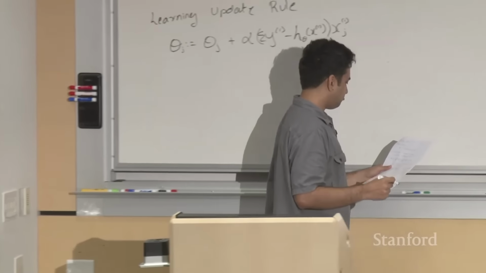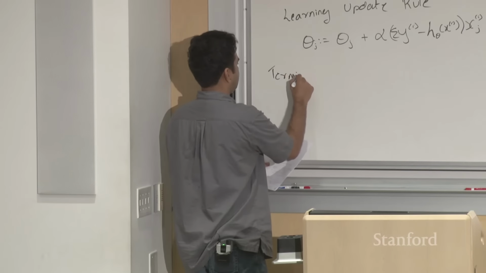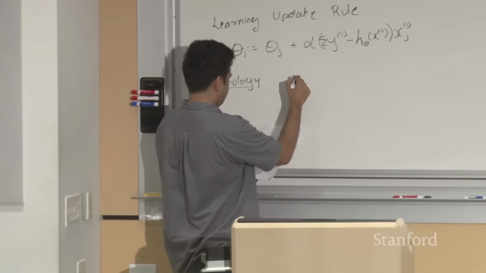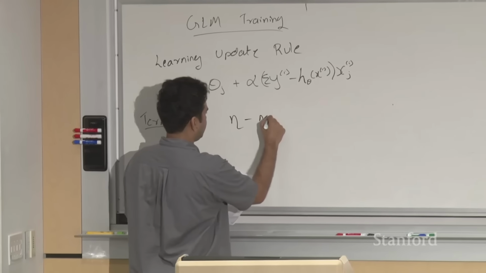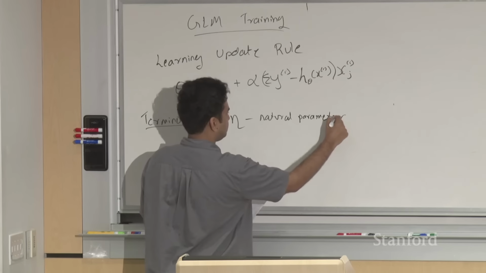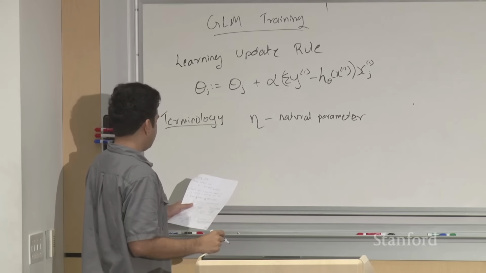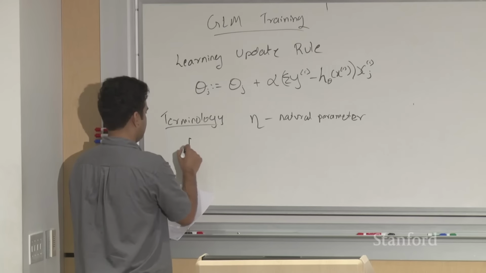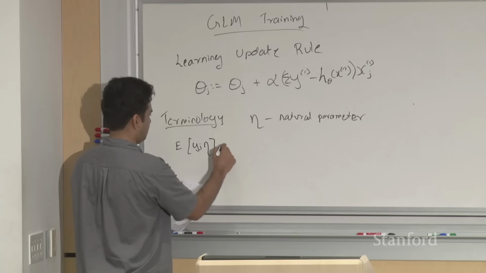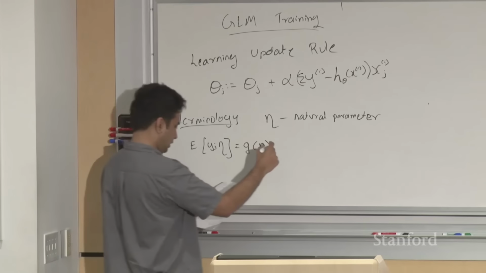Some more terminology. So eta is what we call the natural parameter, and the function that links the natural parameter to the mean of the distribution has a name.